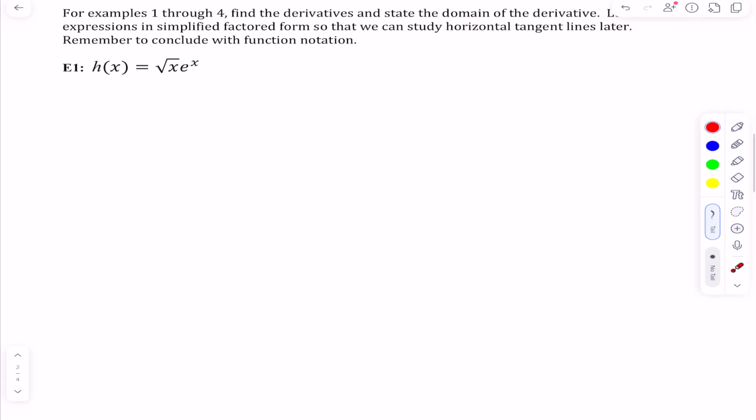Now the goal here is just to take derivatives. You might need to use a lot of scratch paper to help yourself organize your work. If you need to, you could look at the product function here called h of x. You need to see it as a product of two functions, so you might be able to specify exactly what they are, f of x and g of x.